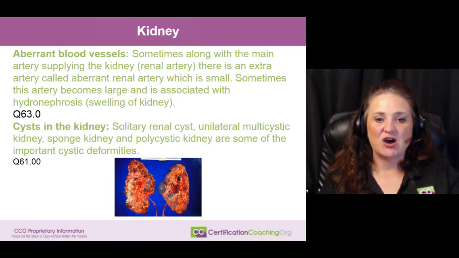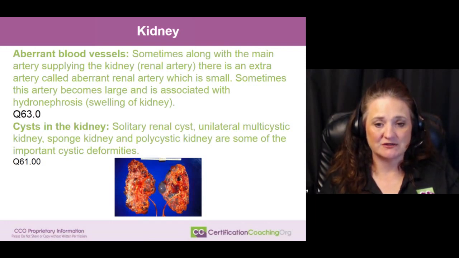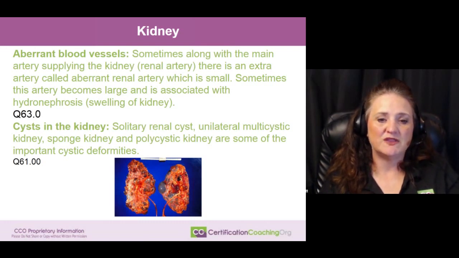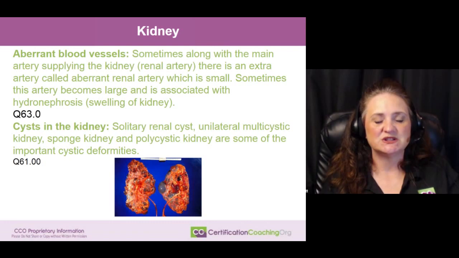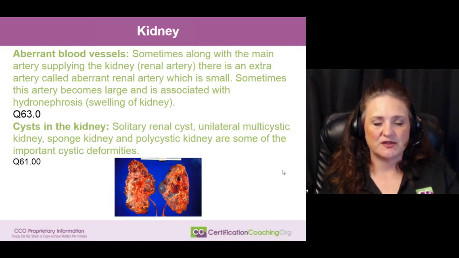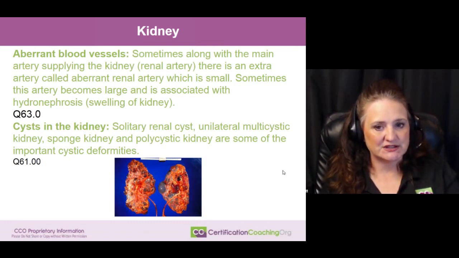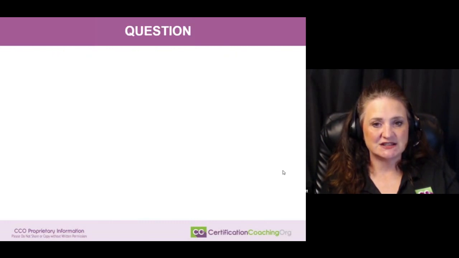All kinds of problems because the kidneys just aren't able to function properly when these cysts are in the way. If you have polycystic kidneys, I don't remember what they do to treat that, but it's difficult. Maybe you'll be up for a kidney transplant. Q61.00 is the code for that. I really urge you to go and look at some of these images because it's fascinating.